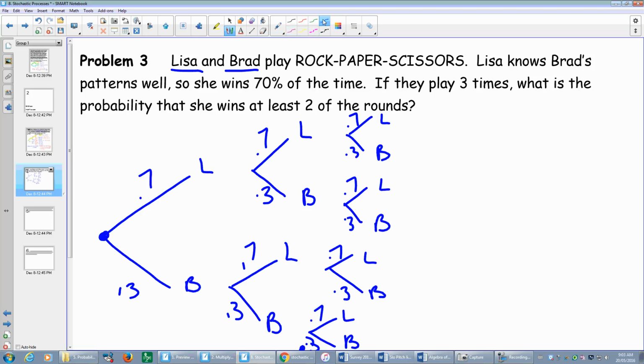So, Michaela, can you tell me what cases I'm going to look at here out of all of them on this tree diagram? Good. Lisa, Lisa, Lisa. Ben, tell me what another case is that she wins at least 2 of the rounds.